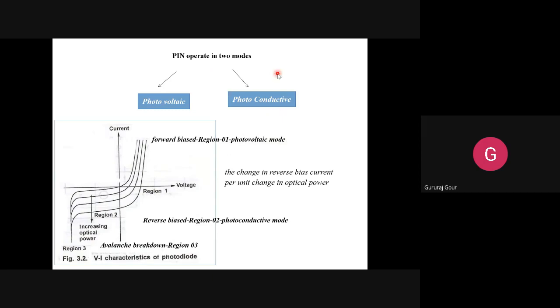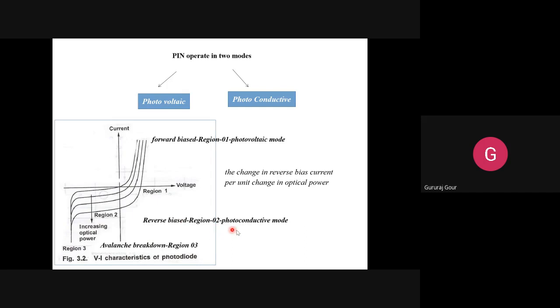A PIN diode operates in two modes. If you operate it in the forward bias region, fewer photons are absorbed. The majority of the current is controlled by the majority carriers. In that case, the PN diode is acting like a photovoltaic diode. So that is reason one.